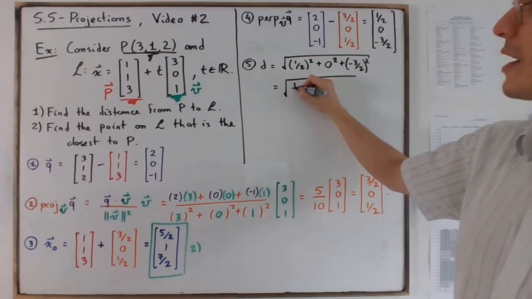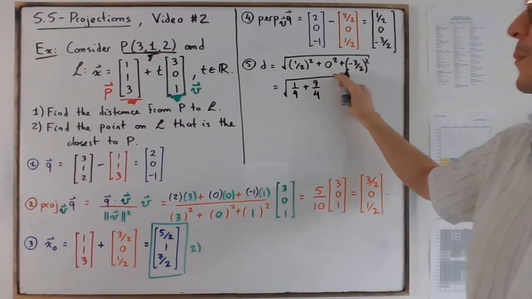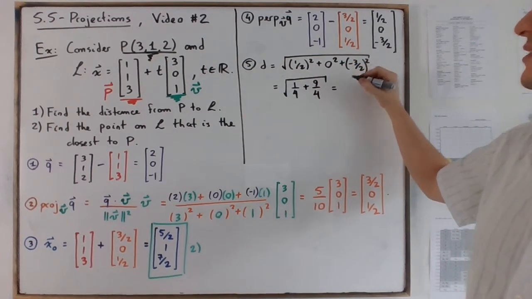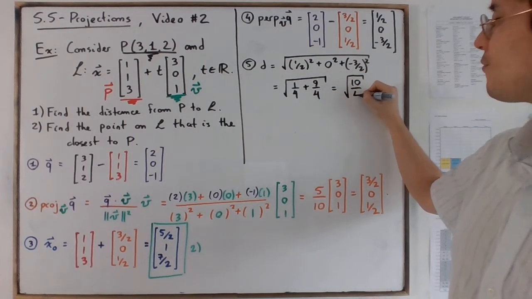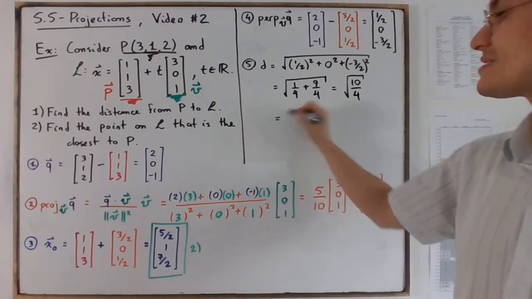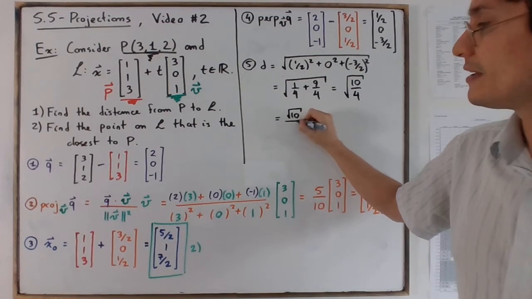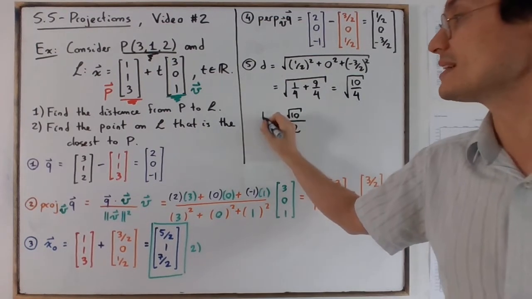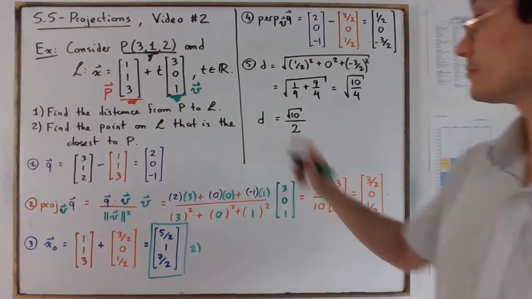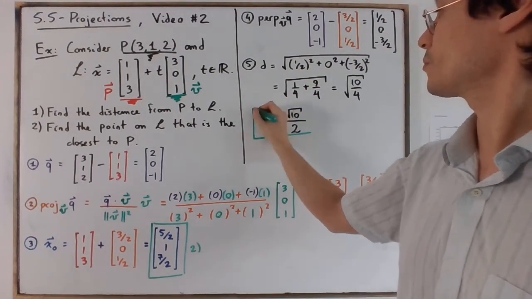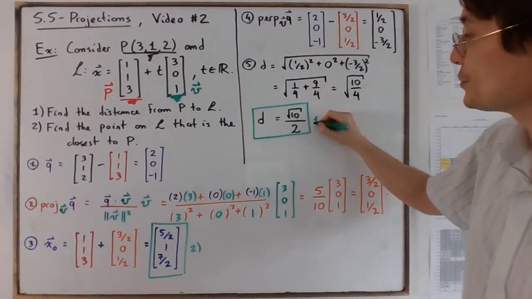We're getting 1/4 plus 9/4, which means we have the square root of 10/4. And the only thing I'm expecting of you is to simplify that a little bit. So we're going to have the square root of 10 divided by 2. This is our distance, so this is the answer to number 1.